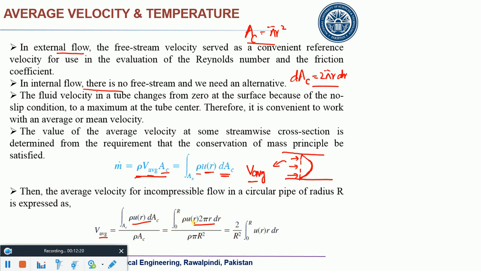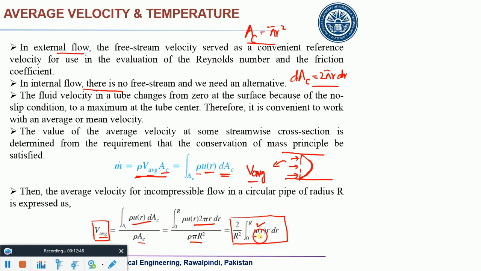You just integrate it from 0 to R, because most of the time we will be talking about circular cross sectional area pipes. This would become 2 pi r dr over rho pi R square, since Ac is pi R square. So you would come up with this expression, right? So you can see that V average is a function of u(r).